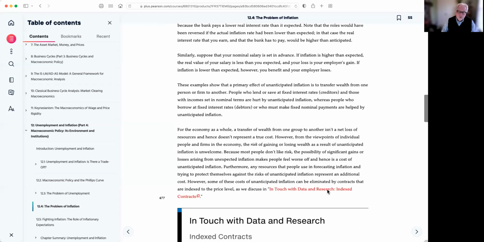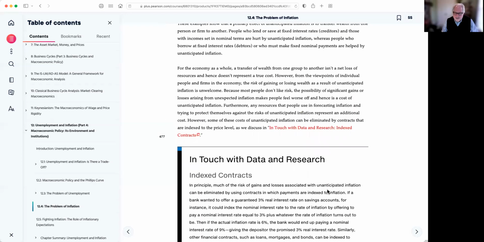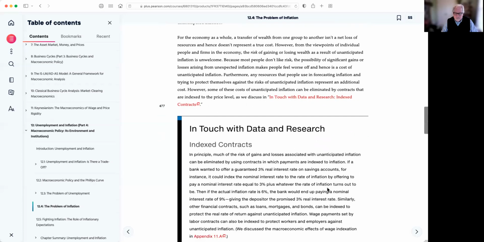All right. And there are ways to reduce the impacts of unanticipated inflation through things like indexed contracts, right? That say the interest rate that you're paying on your mortgage loan is going to change if inflation changes.